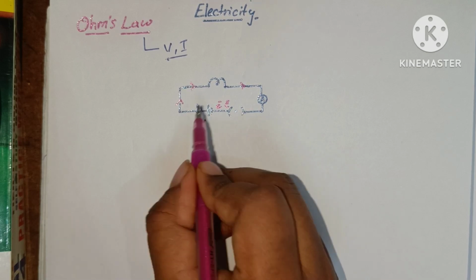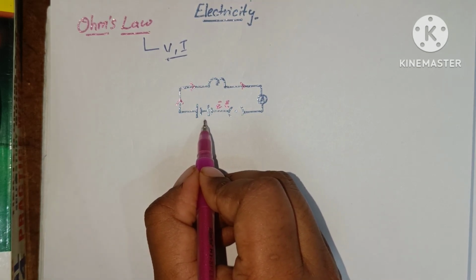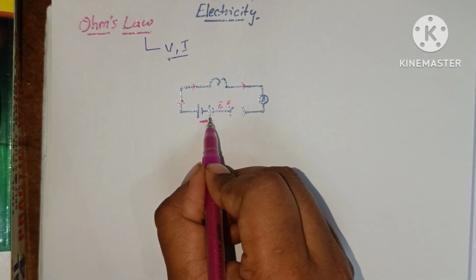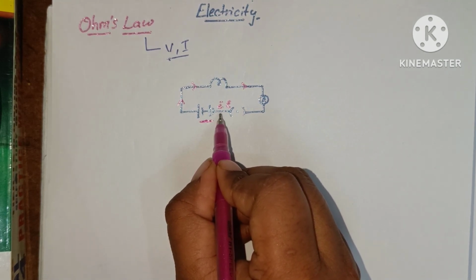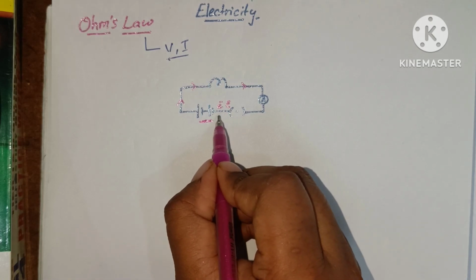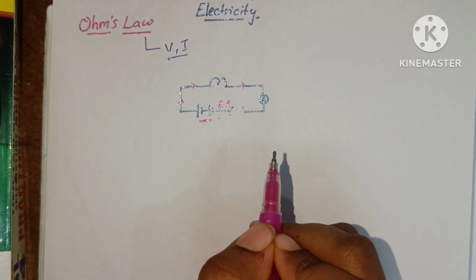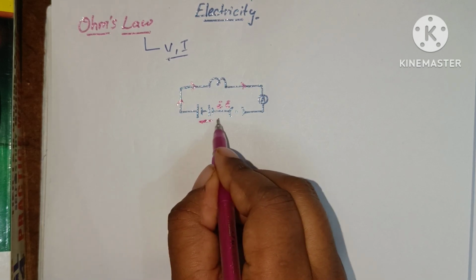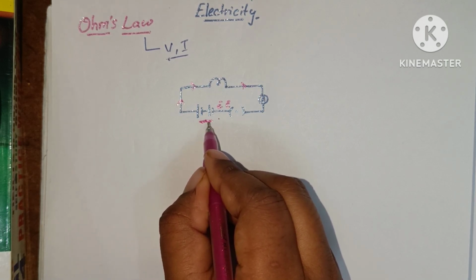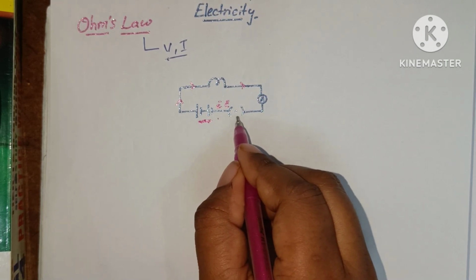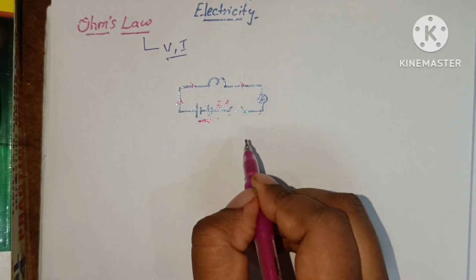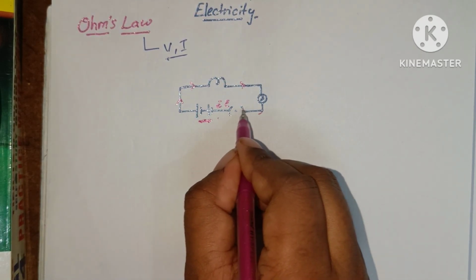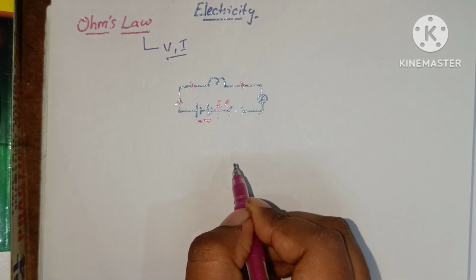Everyone knows that a battery is nothing but the energy which is created and pushes the electrons. In the last class we discussed potential difference, right? Due to the potential difference in the battery, the electrons get more force and jump from one point to another point. By this you understand that if potential difference is more, if voltage is more, the flow of current is also more. If more force is given, the electrons will flow faster.